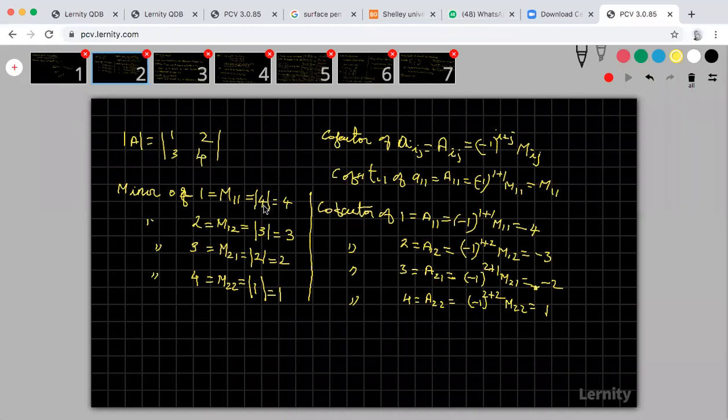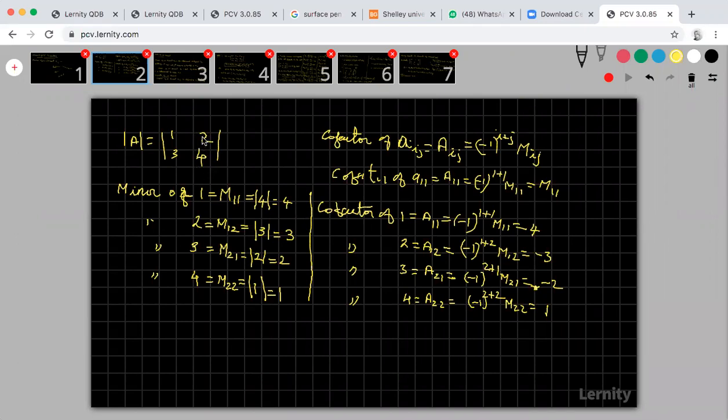The remaining value we have is only 4. The determinant of an element is the element itself, 4. This is not a modulus, this is a determinant. If you have a determinant of minus 4, it means minus 4 only, not plus 4; this is not an absolute value.